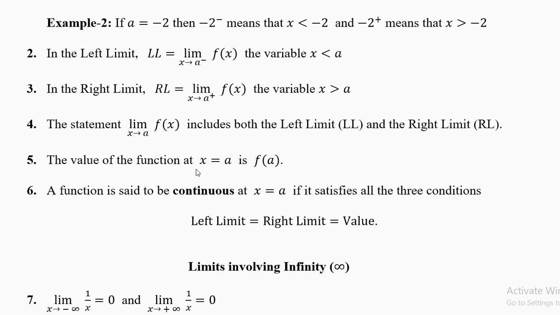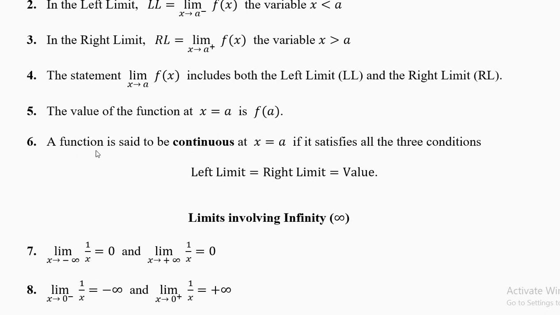Now the value of the function at x equal to a is f of a. Sometimes it is not defined, but it is written as f of a. A function is said to be continuous at x equal to a if it satisfies three conditions: the left limit should be equal to the right limit, equal to the value.